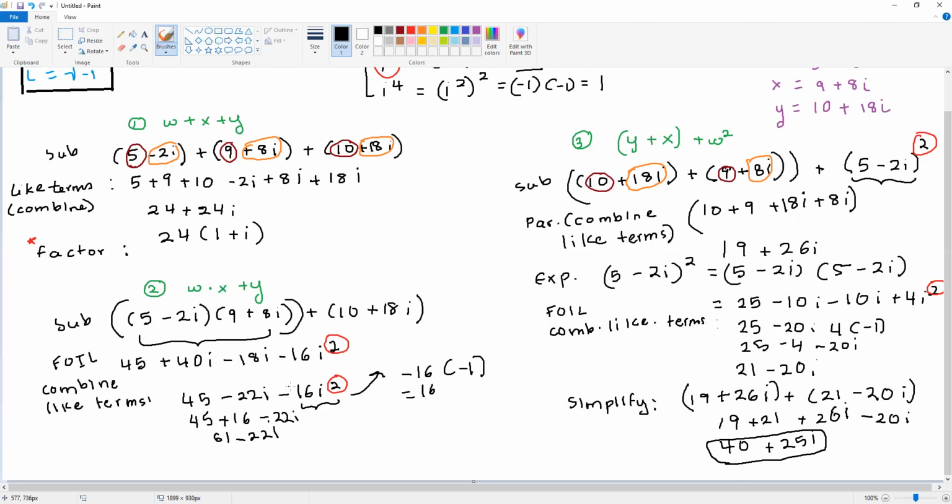40 plus 6i. For the second problem, it was 61 minus 22i. And for the first problem, it was 24 plus 24i.